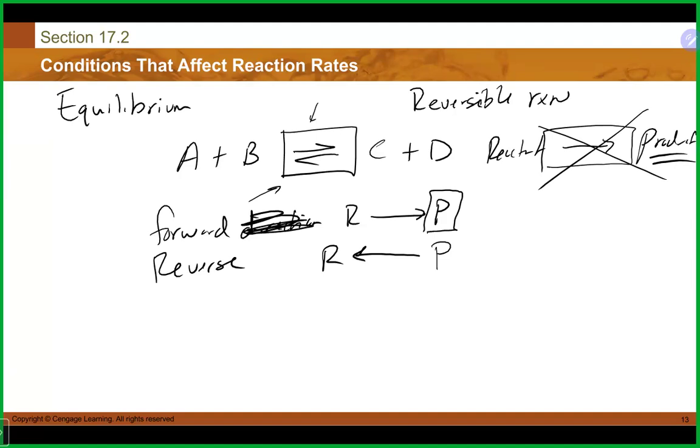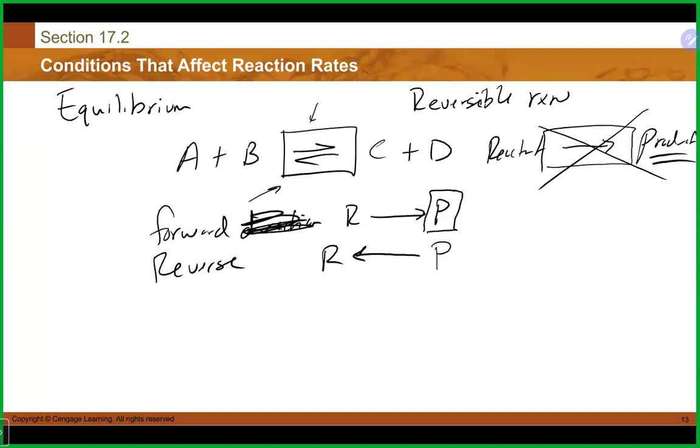Now, when people talk about equilibrium, they oftentimes think about it wrongly because the word has "equal" in it. So when people think it reaches equilibrium, they think that they have the same amount of everybody on each side of the arrow. And that's not the case. When we talk about equilibrium, what we're really talking about is actually the rate of the reaction.